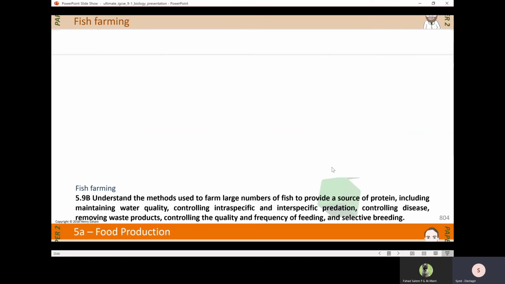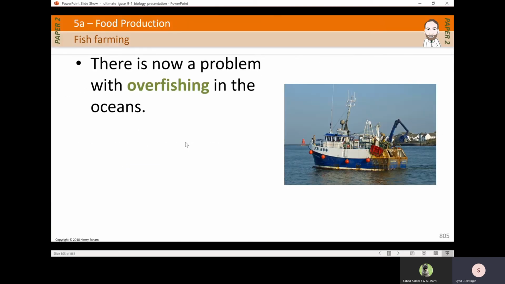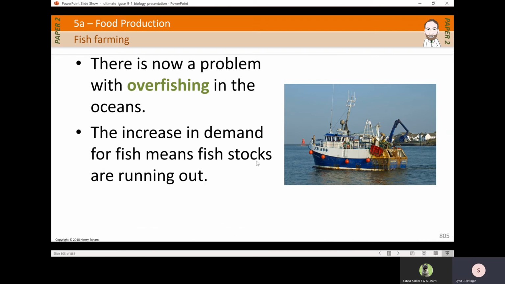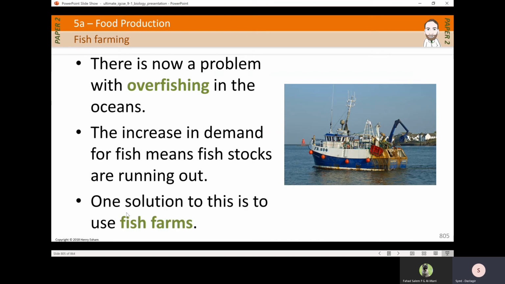So that's fish farming for you. So let's start. There's now a problem because of overfishing in the ocean. In some areas of the world, because of a lot of fishing that has occurred, there are fewer populations of certain species of fish. So to meet the demand, for example for salmon and other fish species that people consume on a large scale, we need to fish farm because our fish stocks are running out.